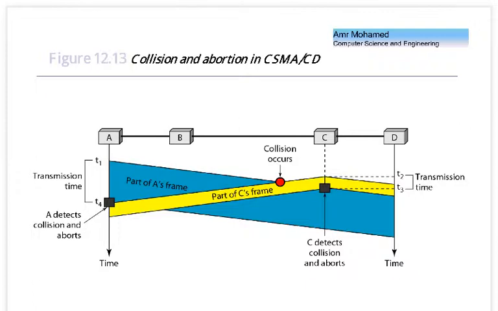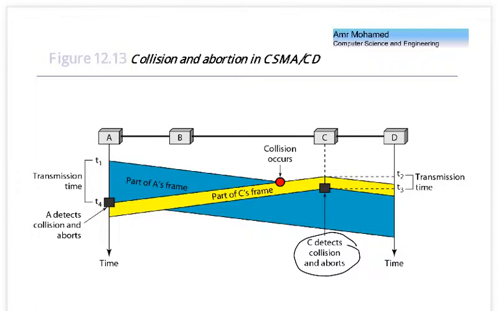What will it do? It will abort. So here, at this point in time, C detects the collision and aborts the transmission. So when the collision happens, the node will not complete the transmission. The node actually aborts the transmission in the middle. That's why we say it's important for each node to keep sensing the channel even during its own transmission.